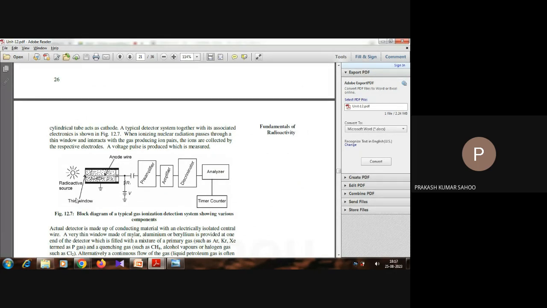This is a thin window. The anode wire is connected to an external circuit, and then we have a series of amplifiers, then discriminator, analyzer, then timer counter. So these things are very well connected.